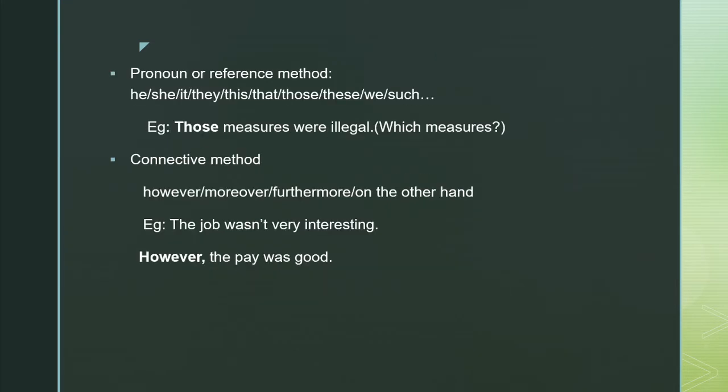Then, if there is a pronoun or a reference word, that is, if you see any sentence starting with he, she, they, this, those, etc., you can see that it is referring to some person or a group of people, right? That person or group would be mentioned earlier in another sentence.